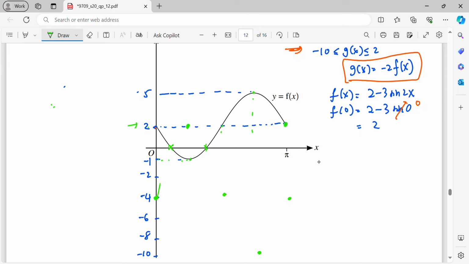So the graph will be in this shape. Okay, this will be the graph. So this is our y equals g(x).